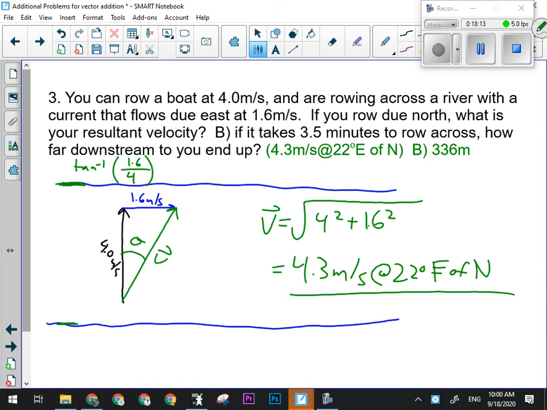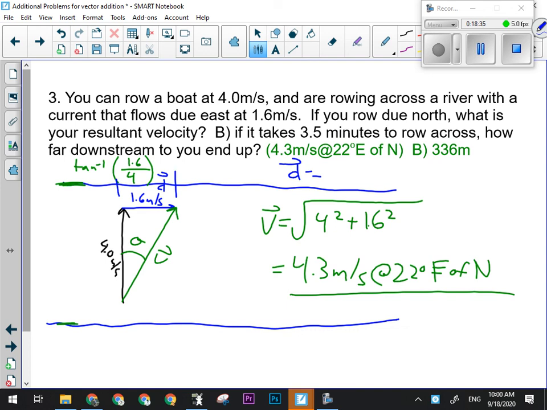I have V and I have T. How do I use those to get how far downstream I end up? Yeah, D equals V times T. My distance downstream is going to be right there. That'll be my displacement actually downstream because I'm giving a direction downstream.